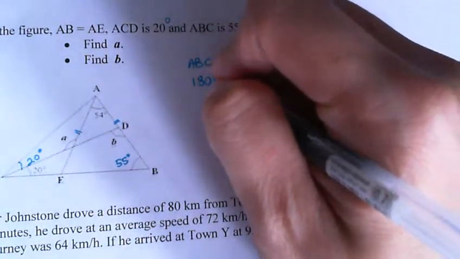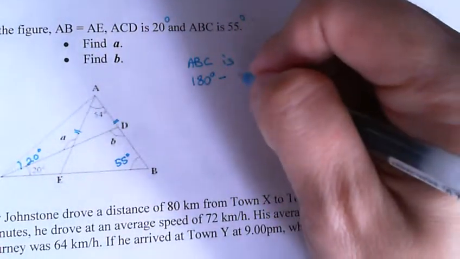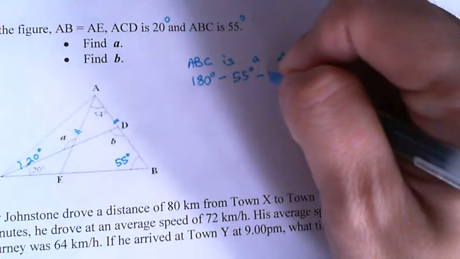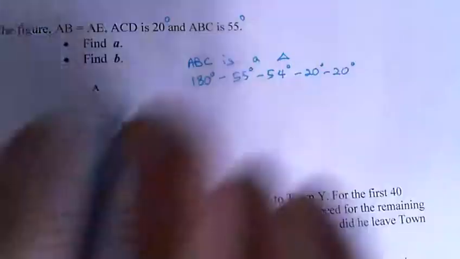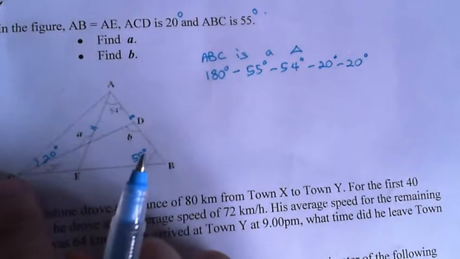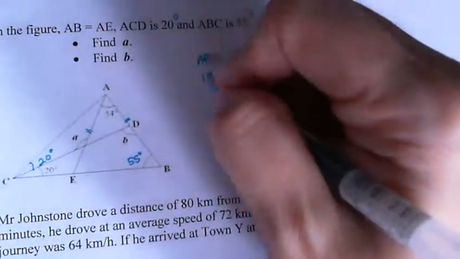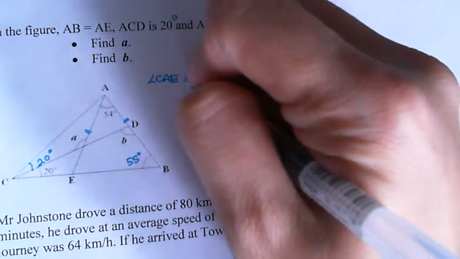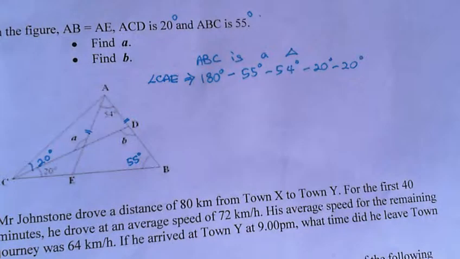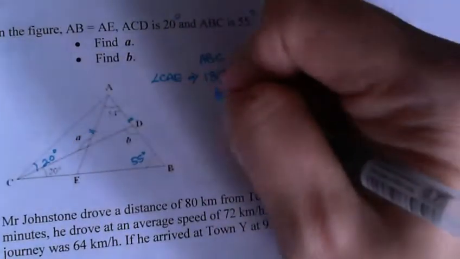So 180 degrees minus 55 degrees minus 54 degrees minus 20 degrees minus 20 degrees. What angle would I get? I will get CAE. So angle CAE is this. So 180 minus 55 minus 54 minus 20 minus 20, I'll get 31 degrees.